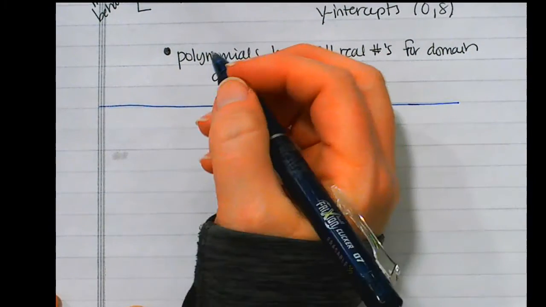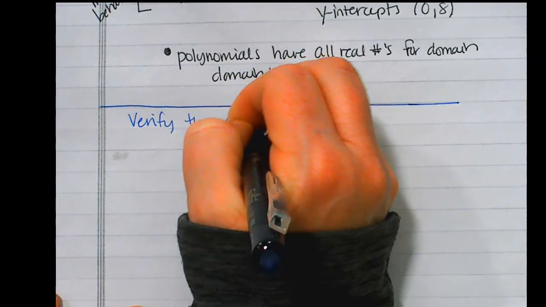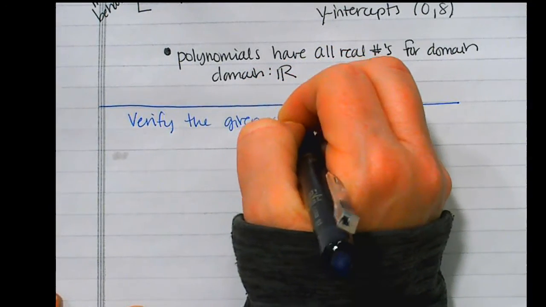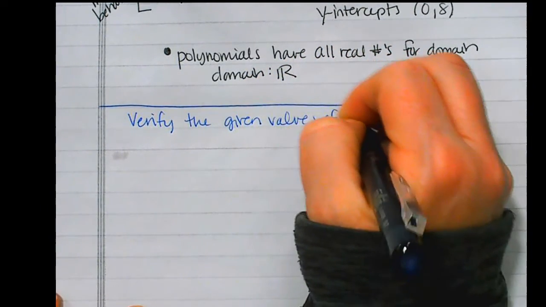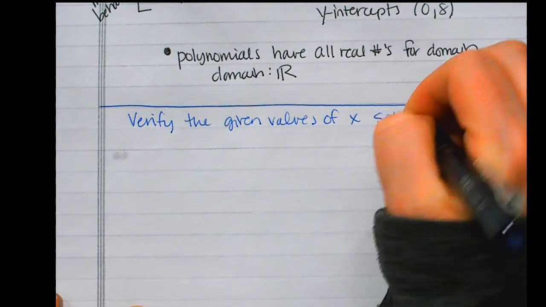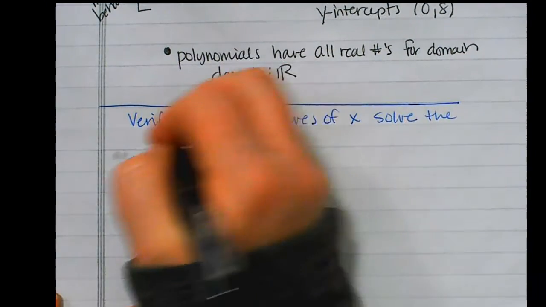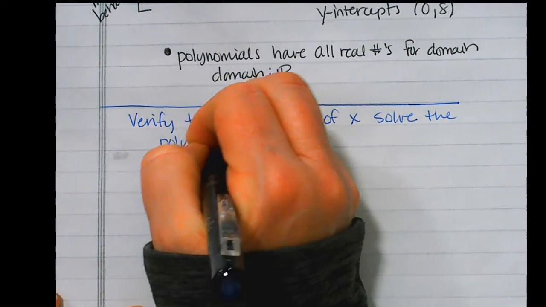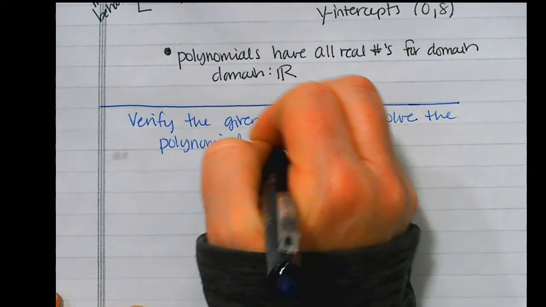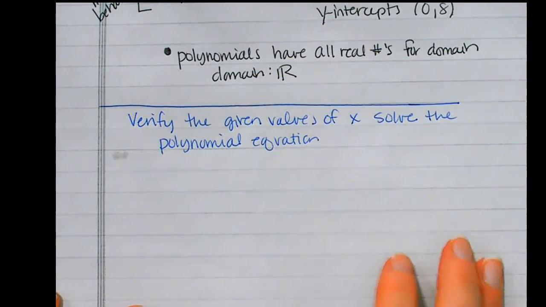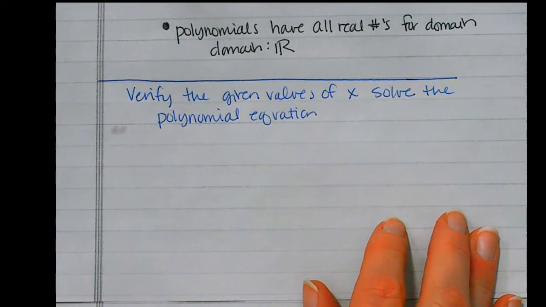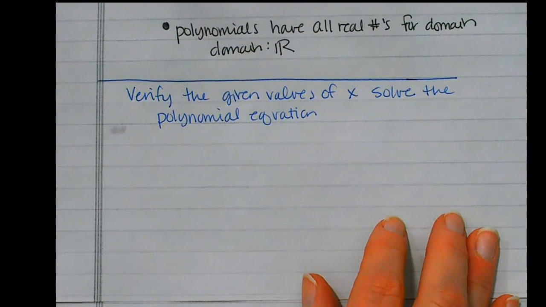Our first couple of problems say verify the given values of x solve the polynomial equation. So what they mean is, I'm going to find a different example.